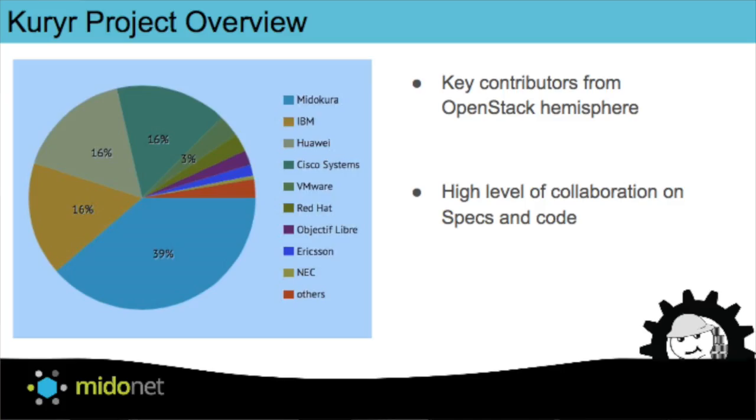The Kuryr project has been created by several large companies. So it's not only Midokura developers. There's people from IBM, Huawei, Cisco, VMware. So we basically have a lot of people who are already active in the ecosystem of OpenStack, and we're actually already having products in the market.